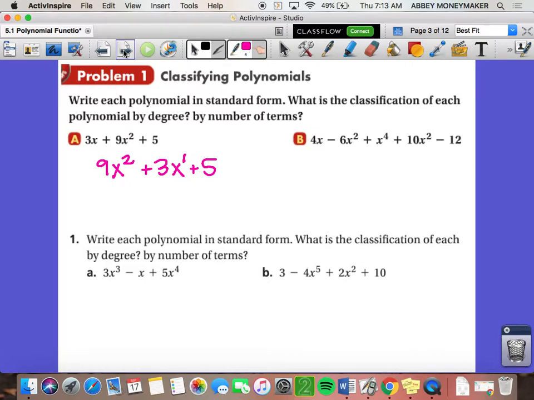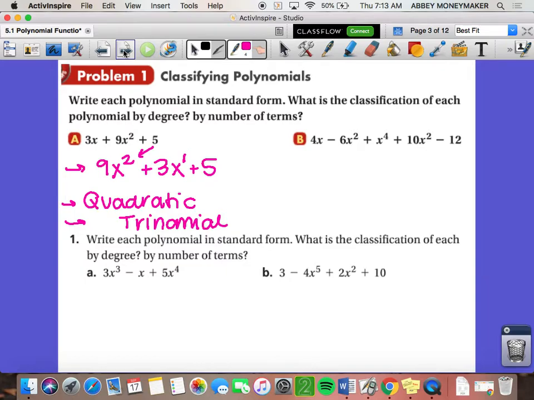So I have this in standard form, so I would say this is a quadratic because I'm looking at the highest power first to determine my first name. The quadratic, and then how many terms do I have? 3. That would be a quadratic trinomial. And that's your final answer. Standard form, first name, second name.